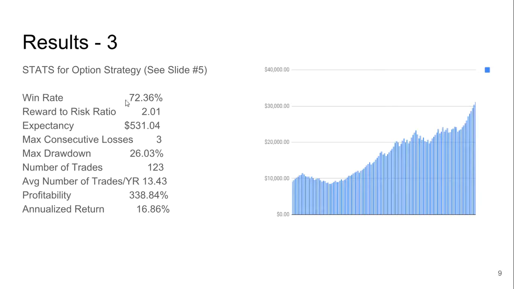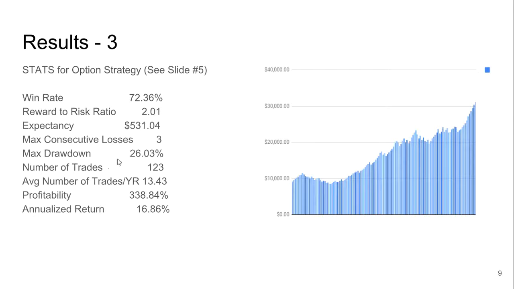You take your win rate times your average win, and you subtract from that the losing rate, which would be about 28%, times the average loss, and that gives you this number of $531. So every time in the history I traded this strategy, I could expect the result was $531.